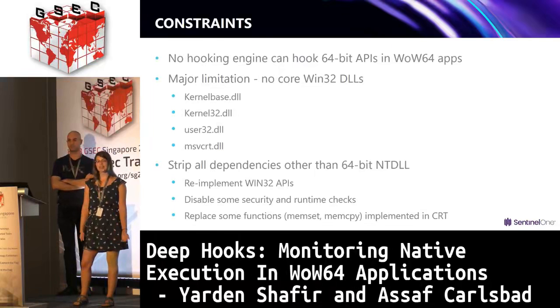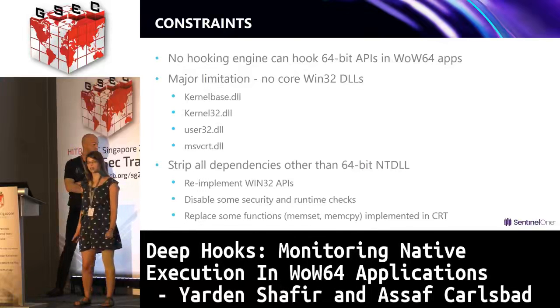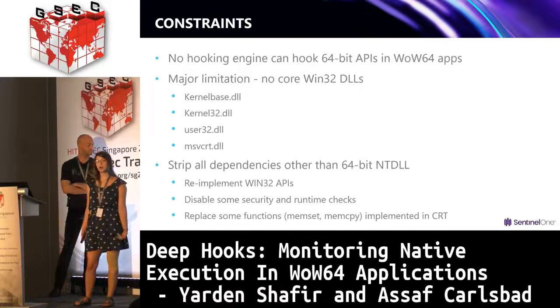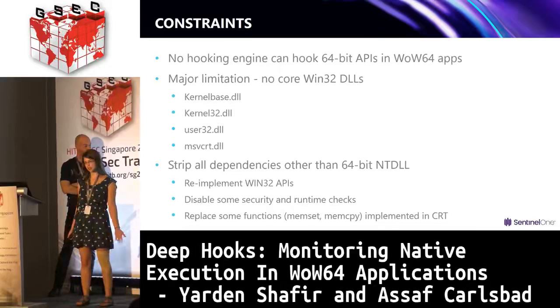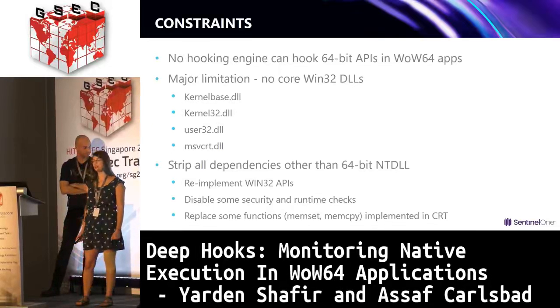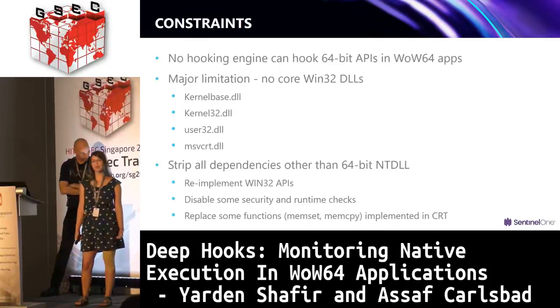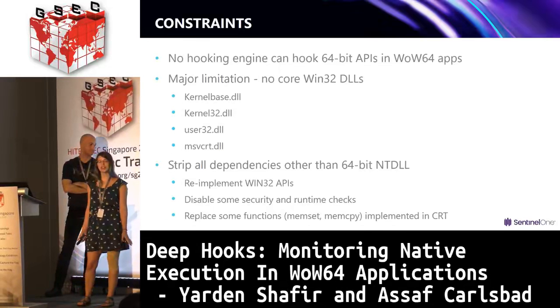So the first thing we had to do when modifying our hooking engine, we chose an existing one to modify, was to get rid of all of these dependencies. Actually, the only DLL we could rely on was the native NTDLL, which we knew was always loaded into WoW64 processes. So we had to get rid of all external dependencies other than NTDLL.